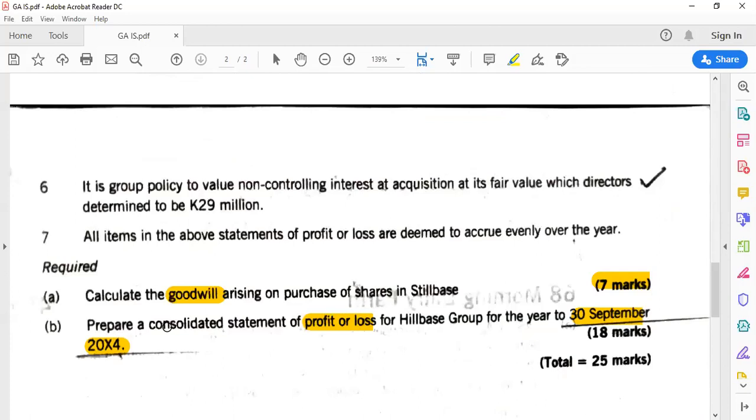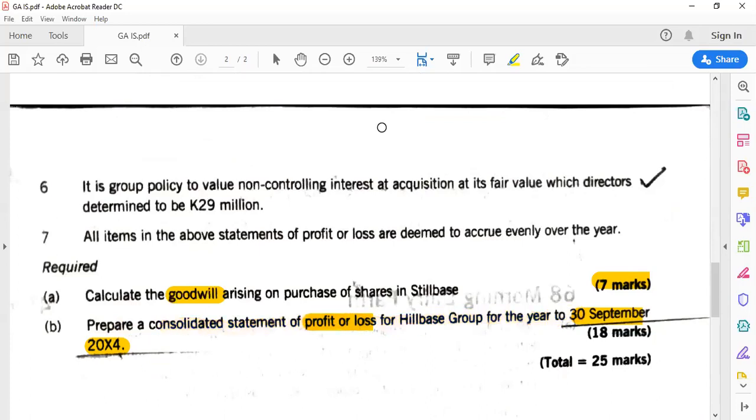You write consolidated statement of profit or loss for the U-based group for the year to 30th September 2024. Just copy the question the way the examiners put it, only that you are not going to include 'prepare'. This is 1 mark. Just copy and paste it.